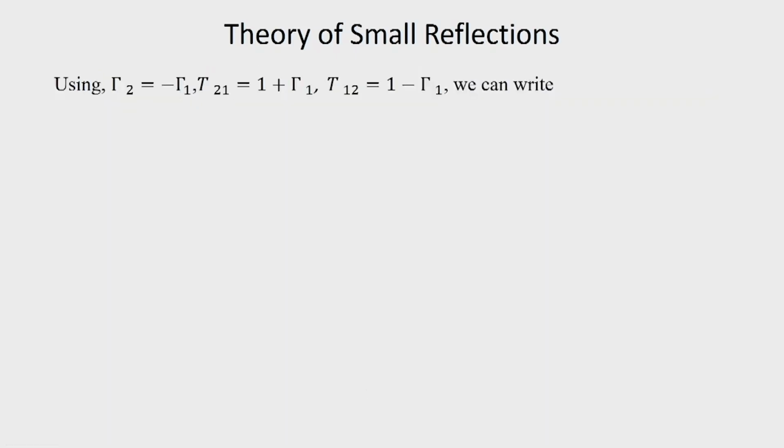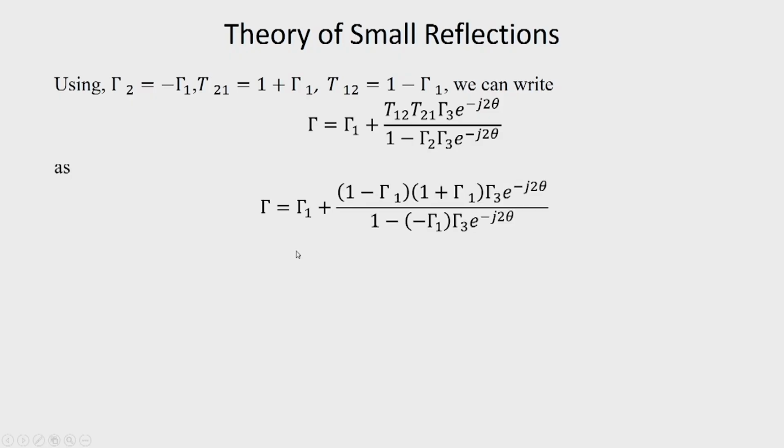Now, we use the relation gamma 2 is equal to minus gamma 1, T21 is equal to 1 plus gamma 1, and T12 is equal to 1 plus gamma 2, which is equal to 1 minus gamma 1, and then we can write this expression by replacing T12 and T21 and also replacing gamma 2 by minus gamma 1, we can put it in this form.